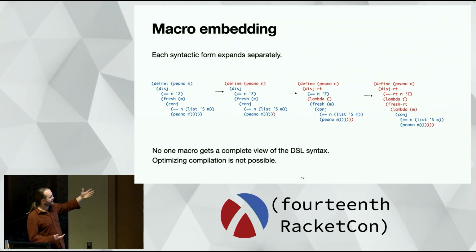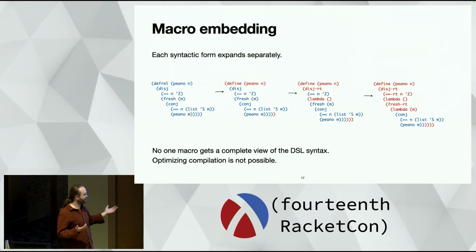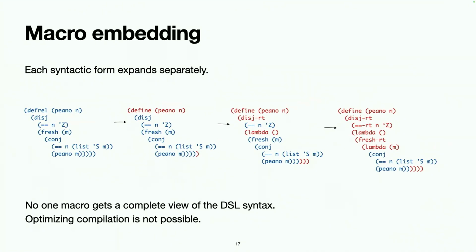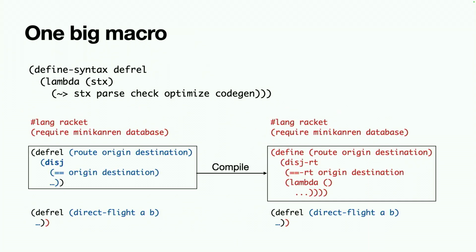So this approach has lots of benefits. The integration with Racket parts work really well. But the big flaw is that no macro is looking at the entire DSL syntax, and we can't implement an optimizing compiler or even a type checker or other things like that, right? We're not getting our domain-specific advantage that was so key to our objective of making a DSL. So this approach has that flaw.